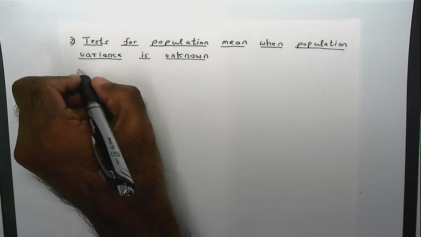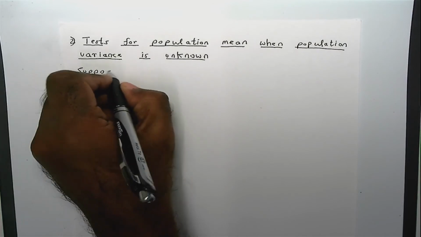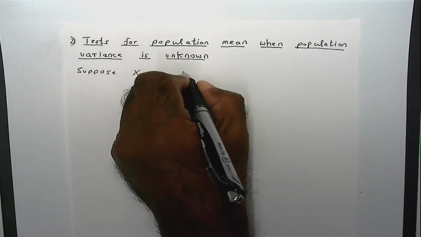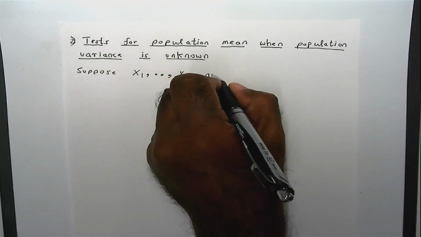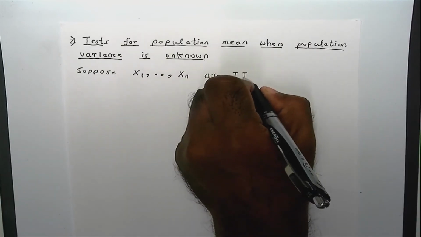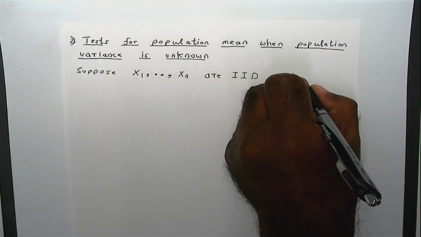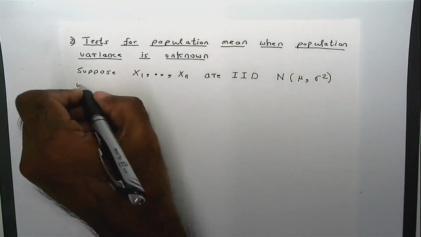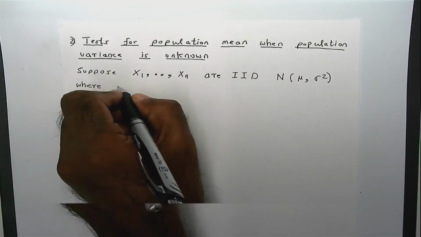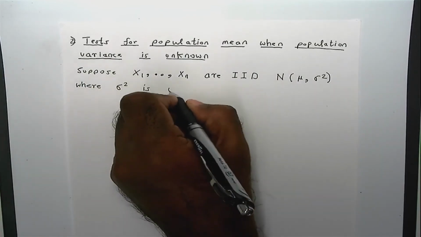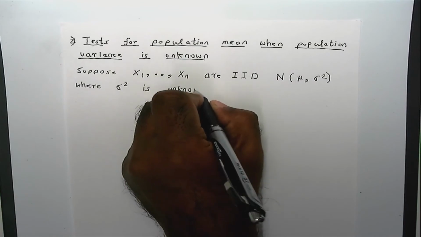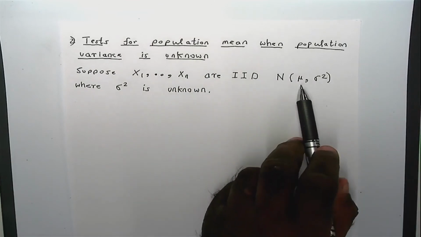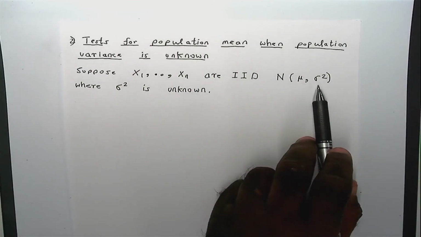So here we're going to suppose that we have data x1 to xn, which are IID from a normal population with mean mu and variance sigma squared, where the population variance sigma squared is unknown. So we are testing for population mean mu when sigma squared, the population variance, is unknown.